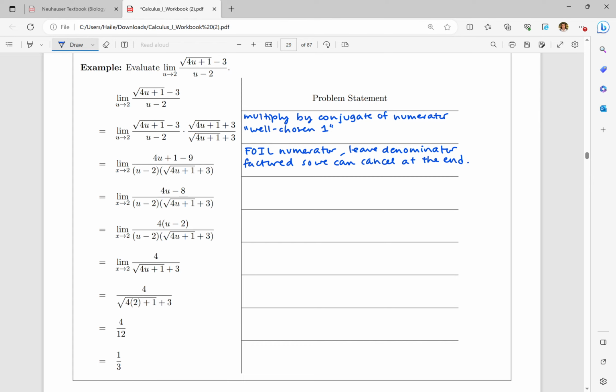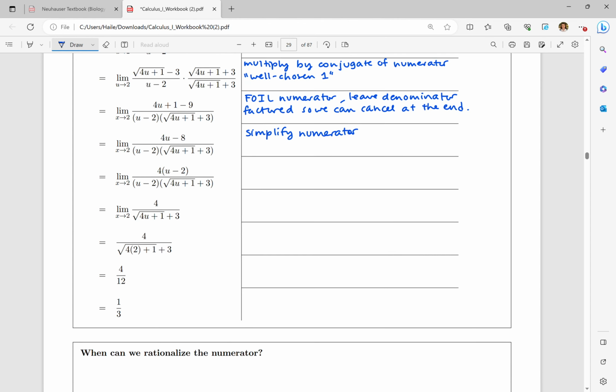Okay, so now I want to continue to simplify the numerator, so I notice I can combine that 1 minus 9 into a minus 8. So that's what I'm going to do in this next step. I'm going to simplify the numerator. Now that I've simplified the numerator, I remember my goal of wanting to cancel the u minus 2.